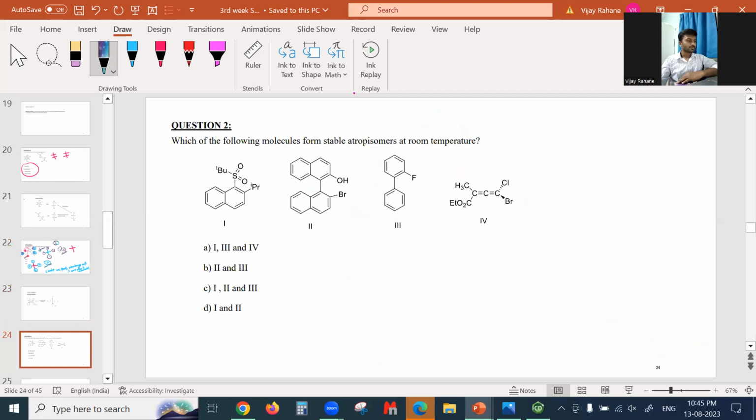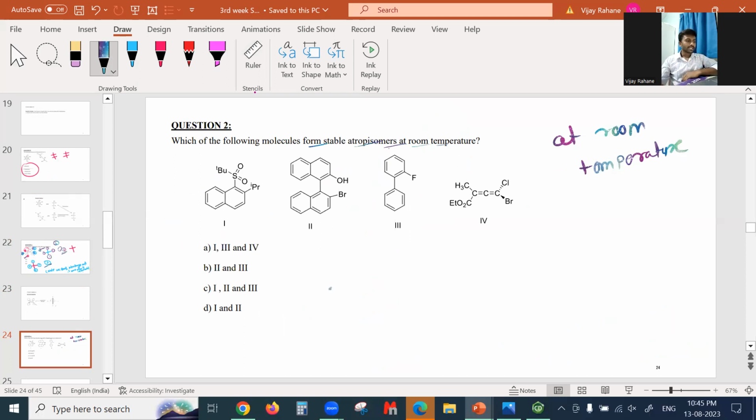Which of the following molecules form stable atropisomers at room temperature? Note, at room temperature they have given. So we need to find which isomer is from atropisomerism.